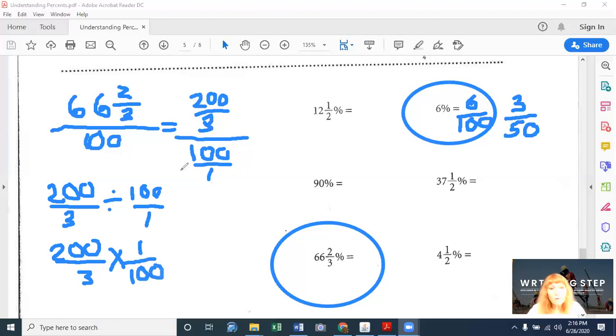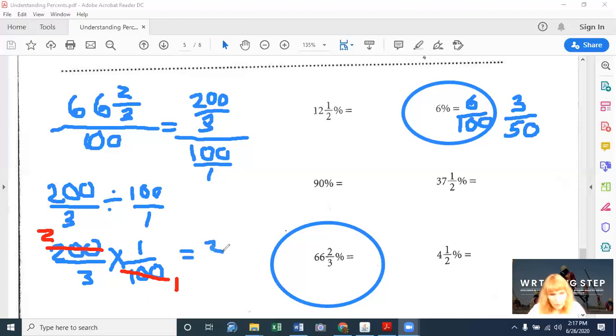And now cancel where I can. So I can divide 200 by 100 and get 2. I can divide 100 by 100 and get 1. And then when I multiply across the top and across the bottom, I get 2 times 1 is 2.